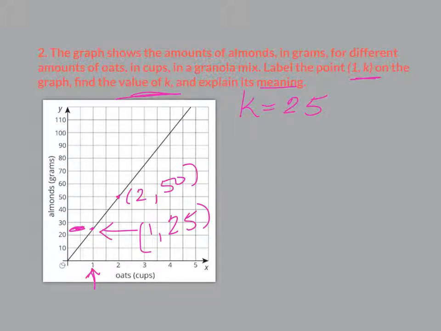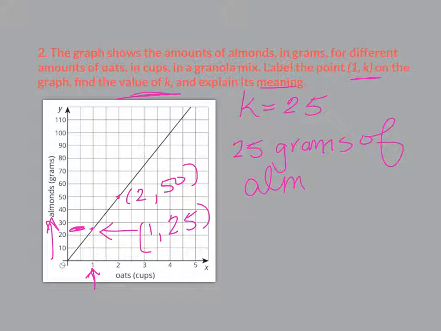And the meaning of K is telling us that there are 25 grams of almonds, and remember we can look at that right on our label here, which is one of the reasons it's so important to make sure you label your graphs. 25 grams of almonds for 1 cup of oats.